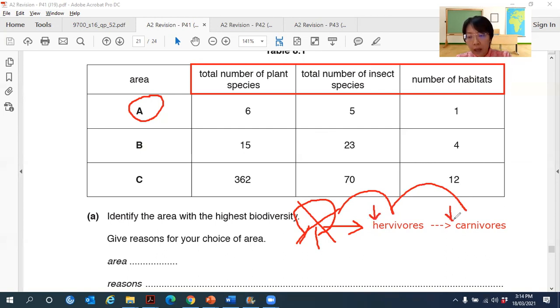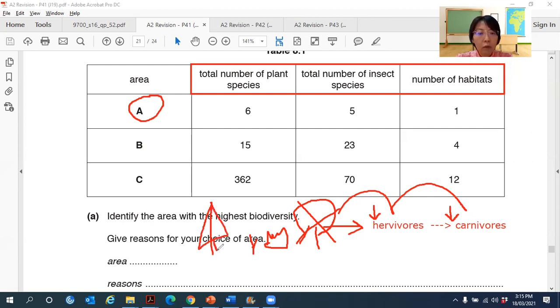If an area has got many different types of habitats, what happens is that, apart from this plant, I've got some maybe shrubs or grass, okay, or some other kind of plants here.